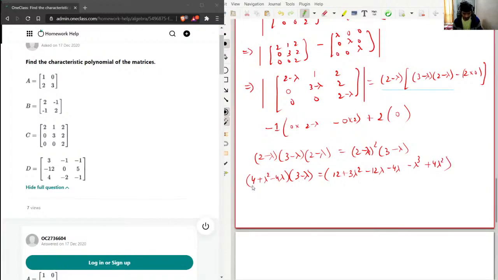I'll just cross check the signs: minus and minus, minus and plus. Yeah. So first we'll start with the highest power term. Lambda cube is alone. So I'll write minus of lambda cube.